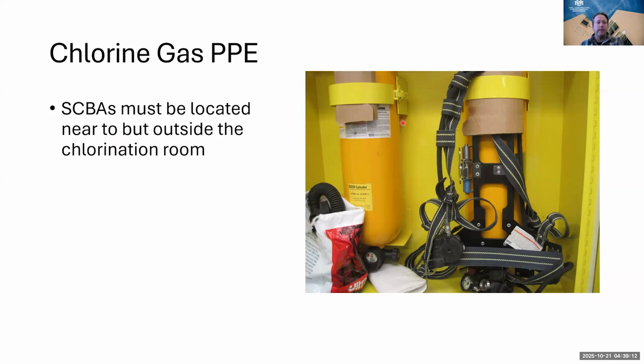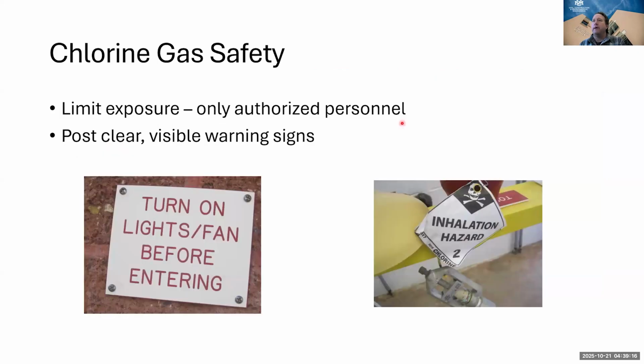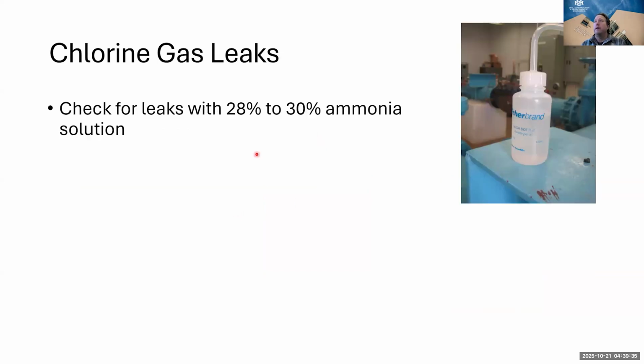You want to put it on, go in the chlorine room, turn off the chlorine, and make sure that exposure is limited. You also want to limit exposure by only having authorized personnel around, so you don't want a big tour group going through your chlorine gas room, and you want to post clear and visible warning signs.